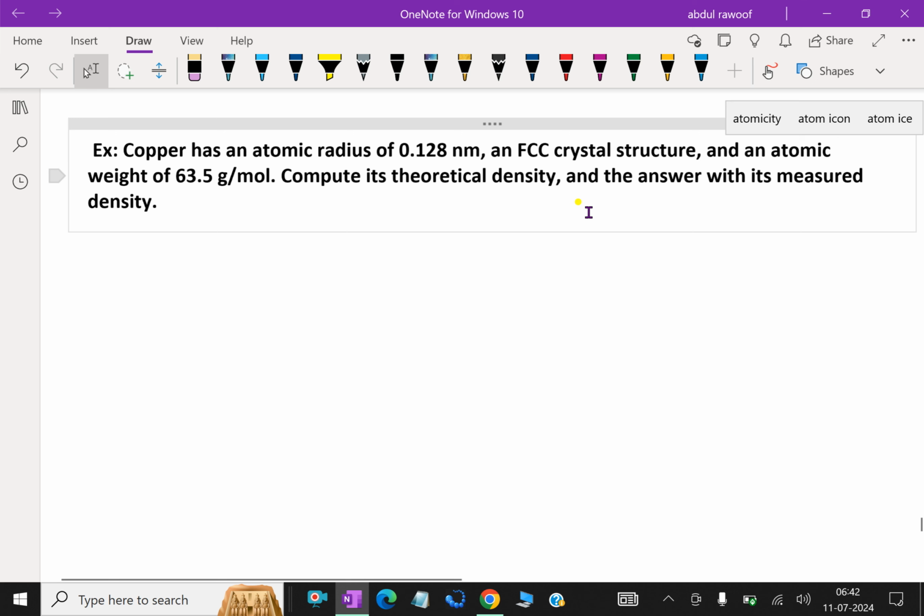Compute its theoretical density and compare the answer with its measured density.